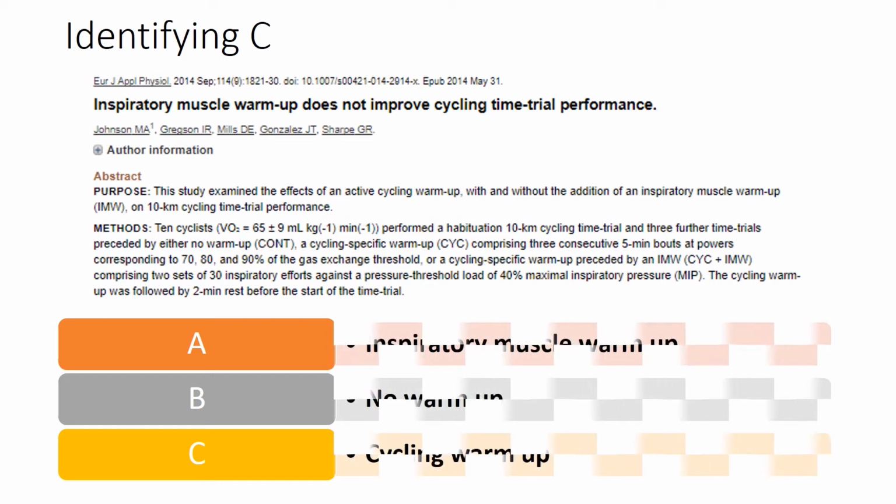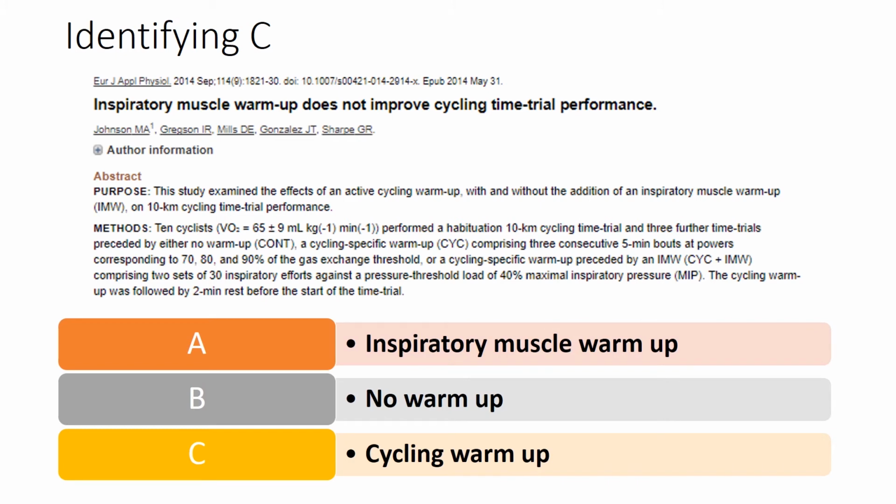Now if you need the options, we've got A, inspiratory muscle warm-up, B, no warm-up, or C, cycling warm-up. So the answer to this one is both B and C.